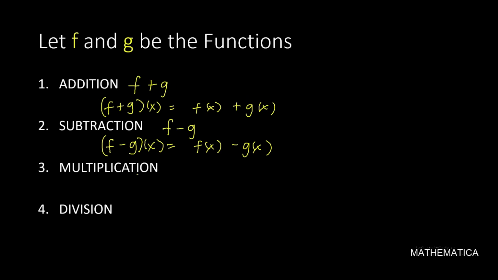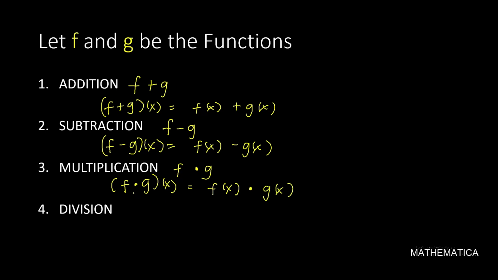While in multiplication, their product is denoted by f multiplied by g, the function defined by f multiplied by g of x is equal to f of x times g of x.